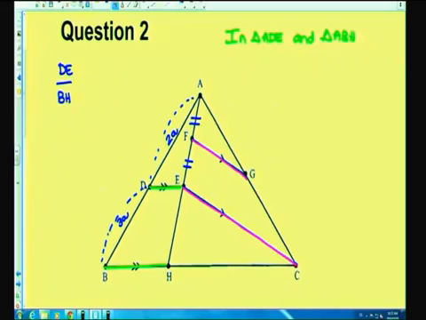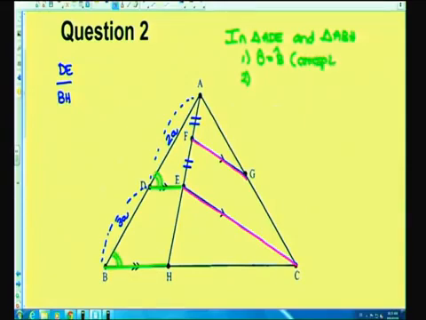Now remember what I said to you, we have to have at least two angles equal, the third is automatic. Right, so if we look over here, the easiest one to spot immediately is that this angle equals this angle. So I could say angle D equals angle B. The reason is it's corresponding angles.